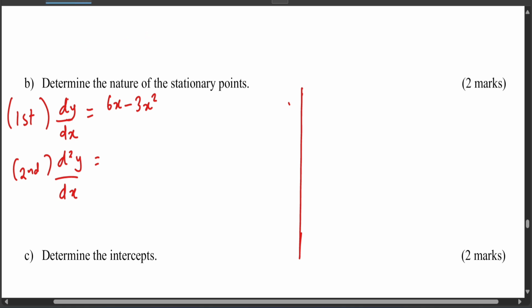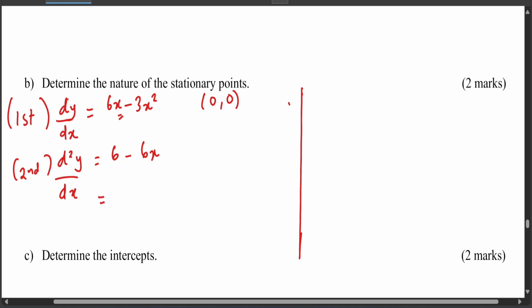So okay, let's take the first stationary point, which is (0, 0). If you differentiate 6x minus 3x squared, you get 6, because if there's x, you just remove the x and you have the constant. And for 3x squared, the 2 goes in front, so 3 times 2 gives you 6, and the power, you subtract 1 to give you power 1.